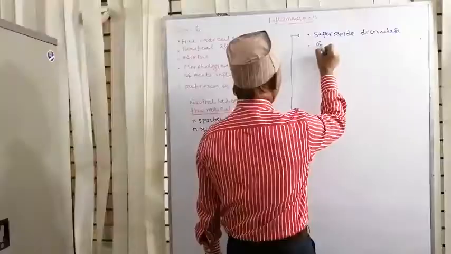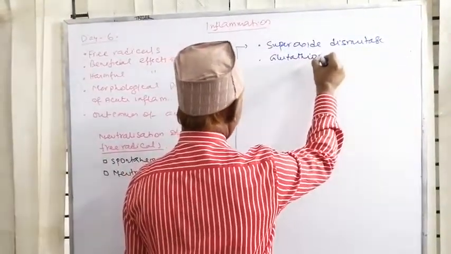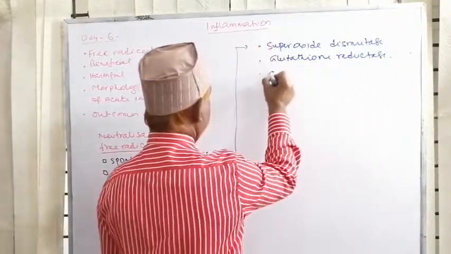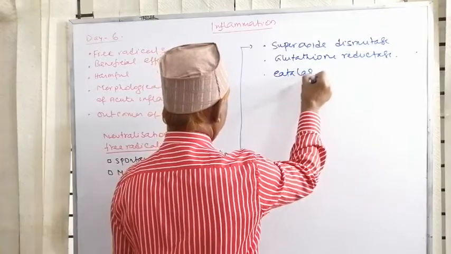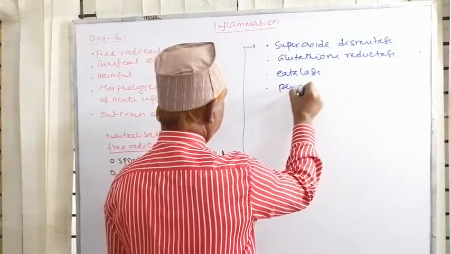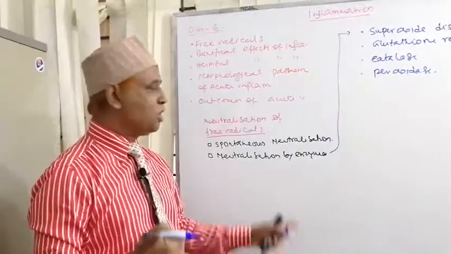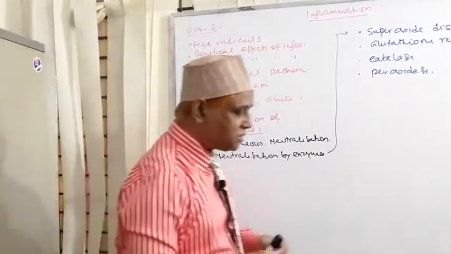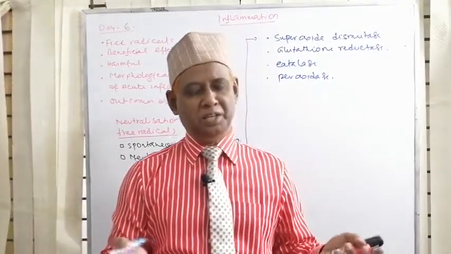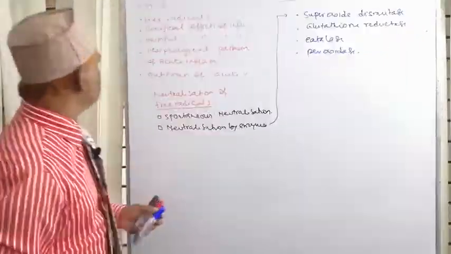Then glutathione reductase, then catalase, then peroxidase. These are the enzymes associated with neutralization of formed free radicals in our body. Dear audience, in our body, the formation of free radicals and neutralization of free radicals remain in balance, so there is no injury. So this is all about the free radicals.